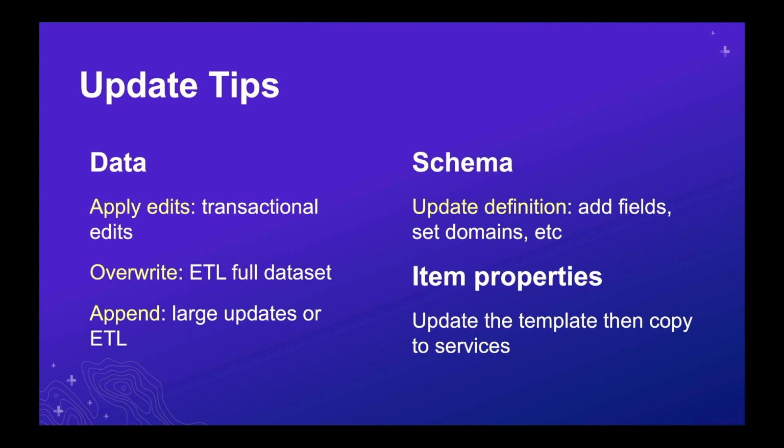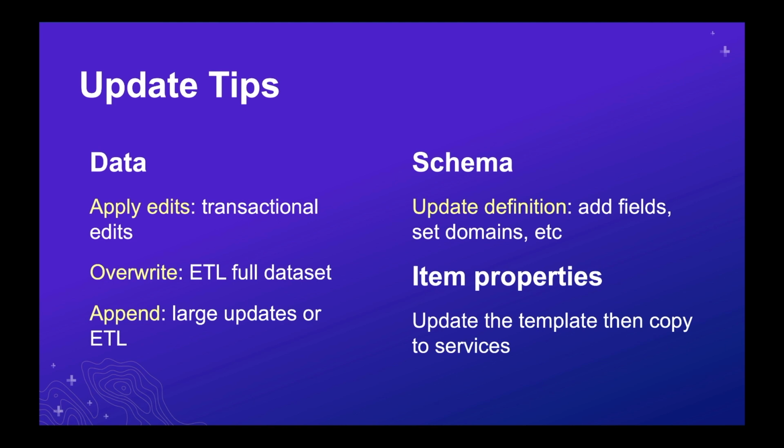When it comes to updating the schema and other behaviors of the layer, update definition is your friend. This is how you can add fields, set domains on those fields, control editing, that kind of stuff. So update definition endpoint, very powerful. But again, to figure out how it works, either use an ArcGIS client like the Python API, or monitor the traffic that ArcGIS Online makes from the UI.